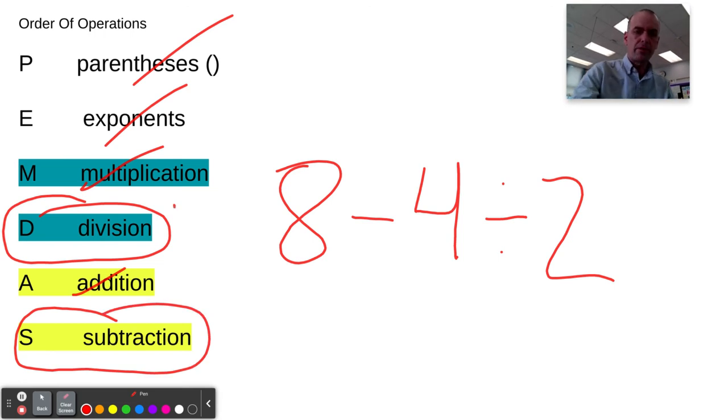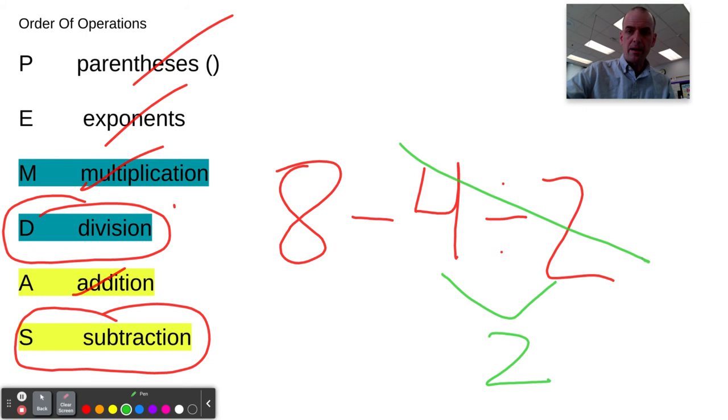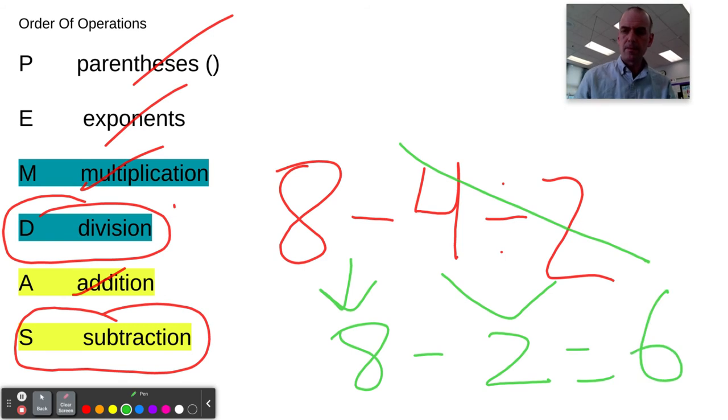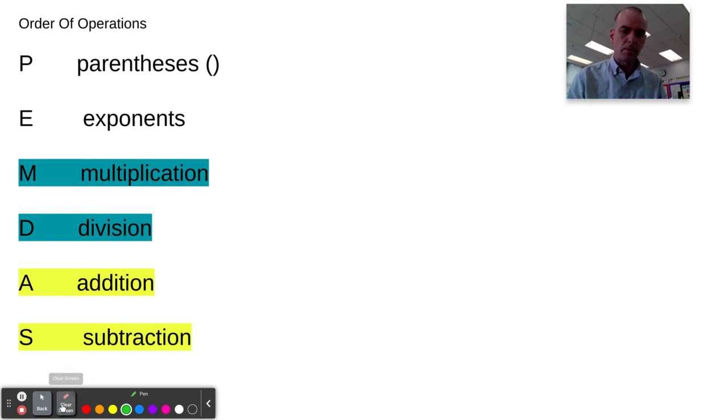So first we have to do the division. Okay. So we do 4 divided by 2. That equals 2. So we've done that now. Then we can bring this down and do 8 minus 2 equals 6. Okay? Let's do a couple more.